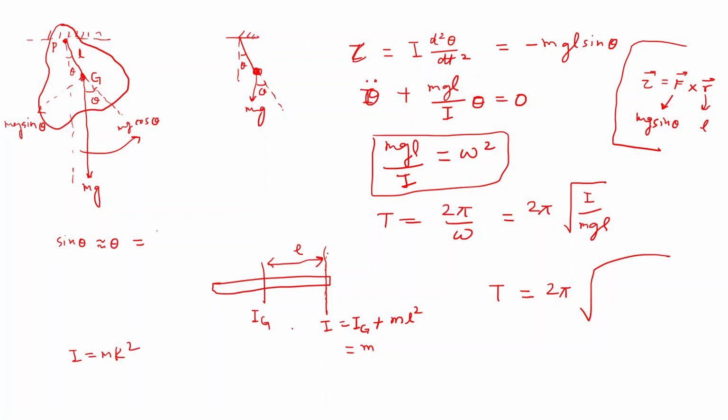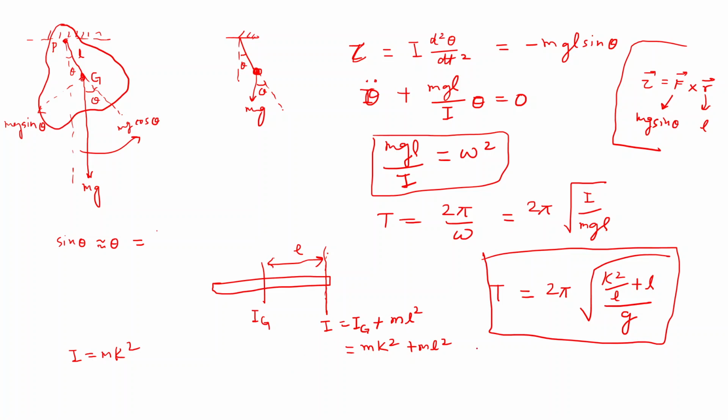This is the relation. So Ig is mk square, plus ml square. I'll substitute this value of I here, and it's divided by mgl. Let me write the final expression after doing some division. The final expression will be this.